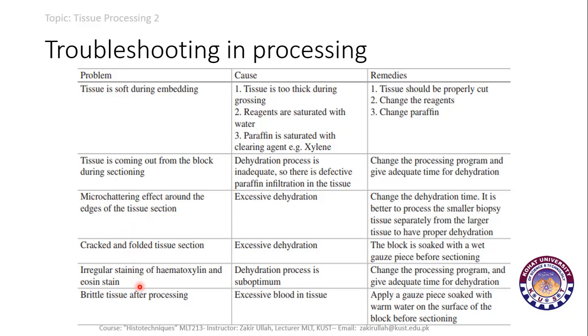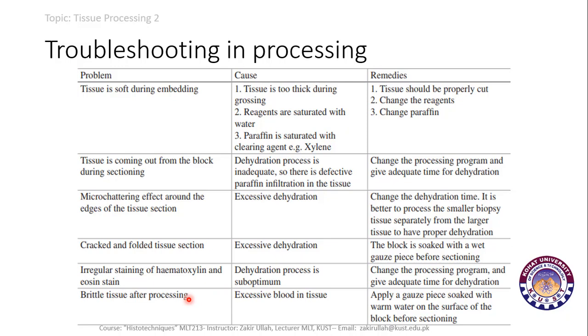And the irregular staining of the tissue is also caused by a suboptimum dehydration process, where water is present within the tissue. So this problem is resolved by changing the processing program and giving adequate time for the dehydration.